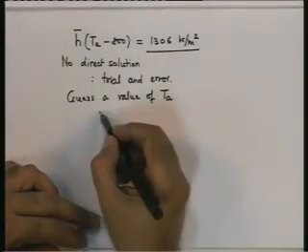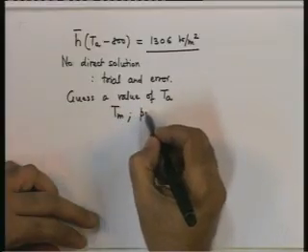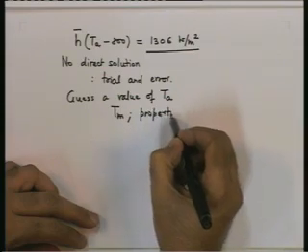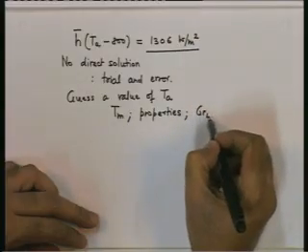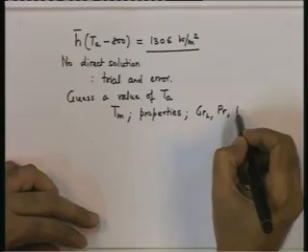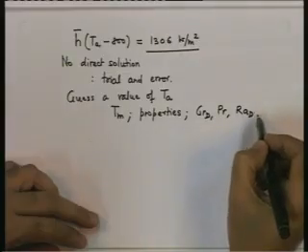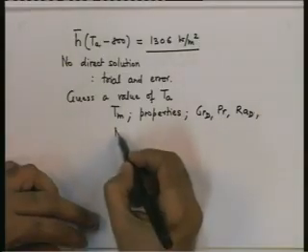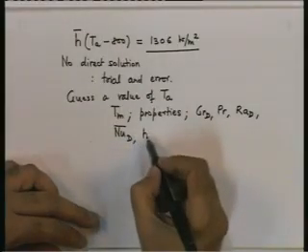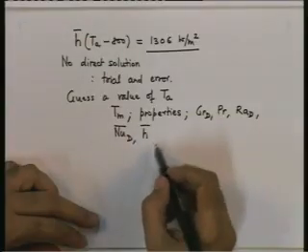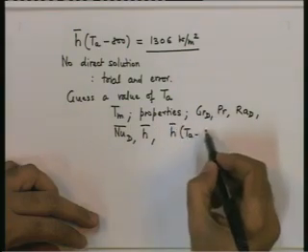Using that, calculate Tm, calculate properties, calculate Grashof number, Prandtl number, Rayleigh number based on diameter. It's a cylinder. Using the correlation, calculate the average Nusselt number based on the diameter. From that, get the average heat transfer coefficient, and from there calculate the value of H bar into (TA minus 800).